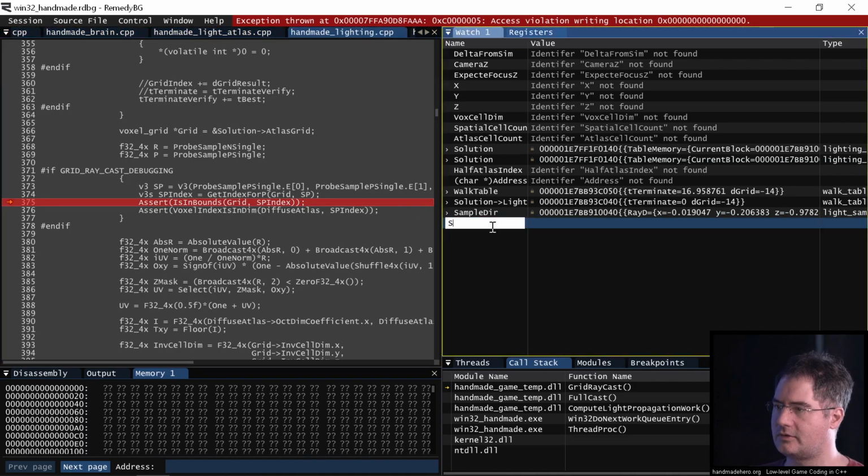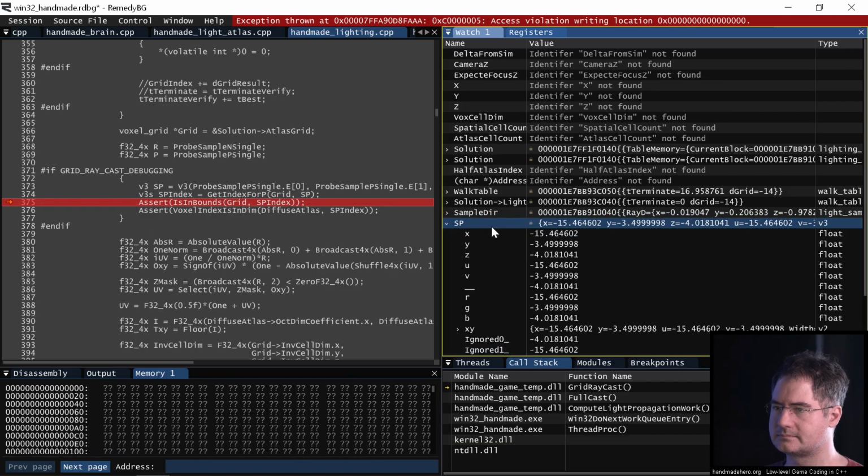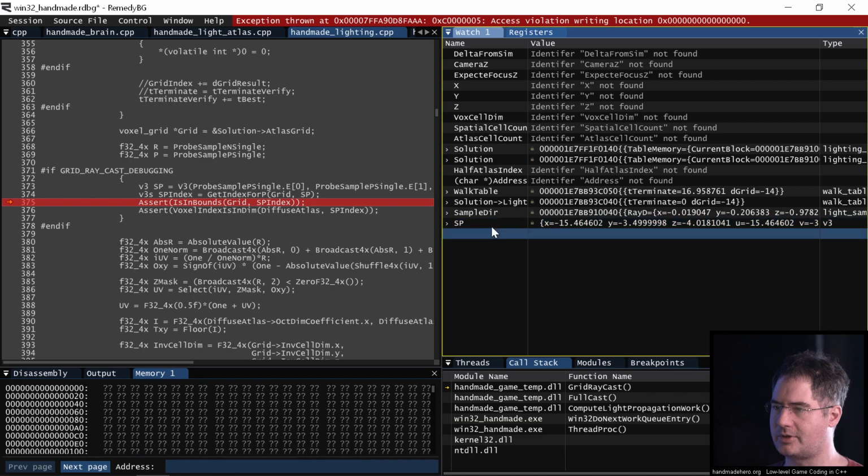Okay, so there's the actual sample point we're trying to take. That is obviously wrong. It's not only wrong, but it's weird.